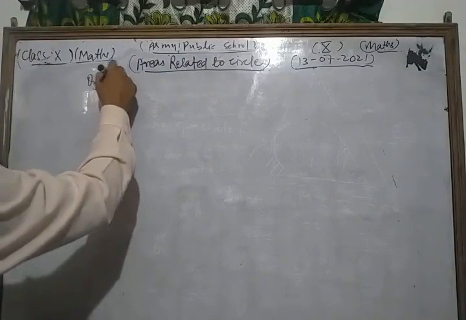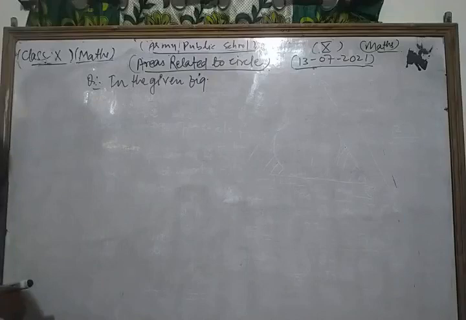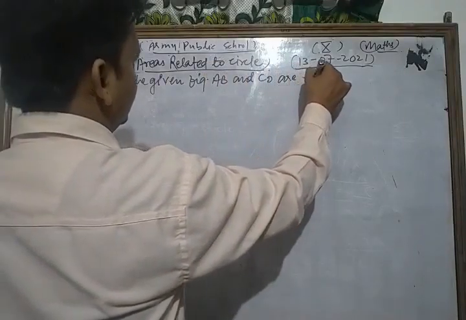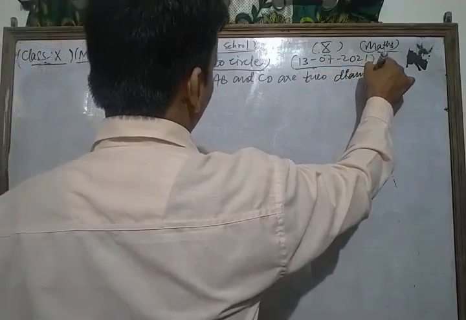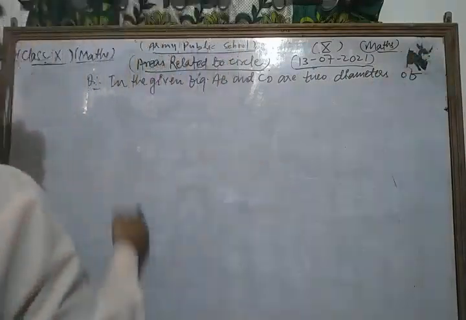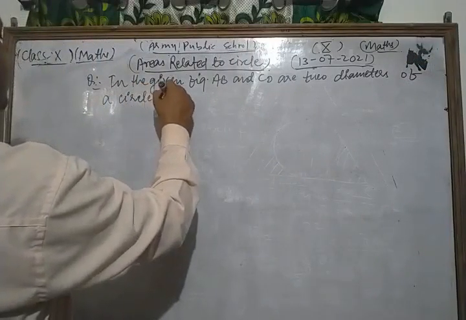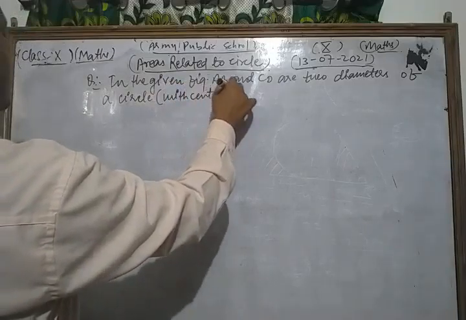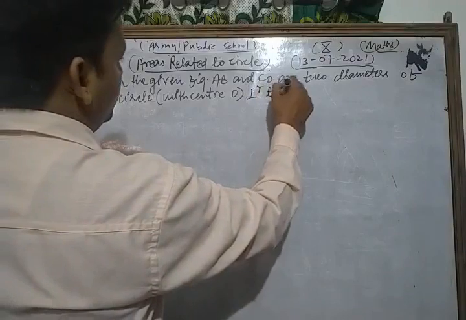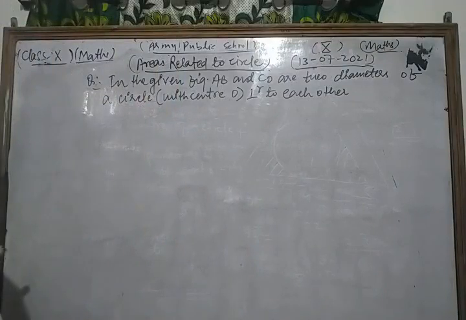Your question is: in the given figure, AB and CD are two diameters of a circle with center O, perpendicular to each other.